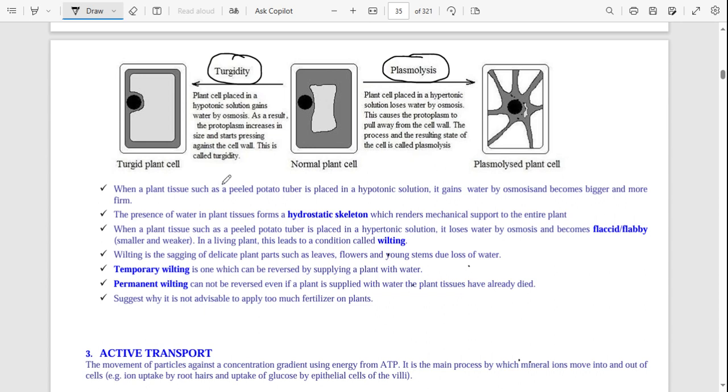So what happens actually is the presence of water in plants. Okay, so the presence of water in plants forms what is known as a hydrostatic skeleton.